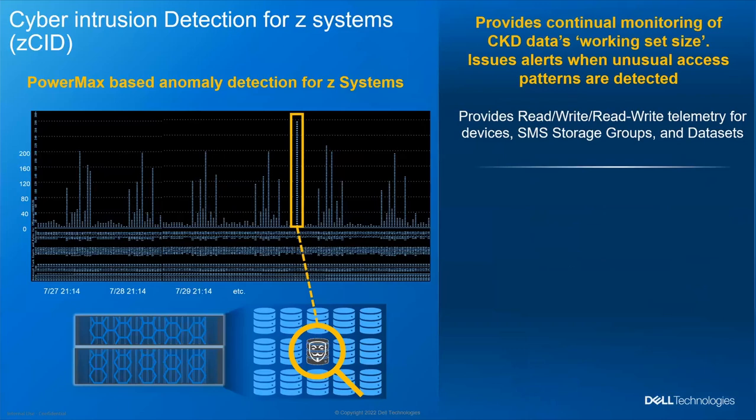Now, separately, we released in October of last year a product function called Cyber Intrusion Detection for Z Systems, or zCID. And what is zCID doing? It's a host-based function that exploits microcode capabilities that we have in the PowerMax to help you determine the working set size of data in your environment.